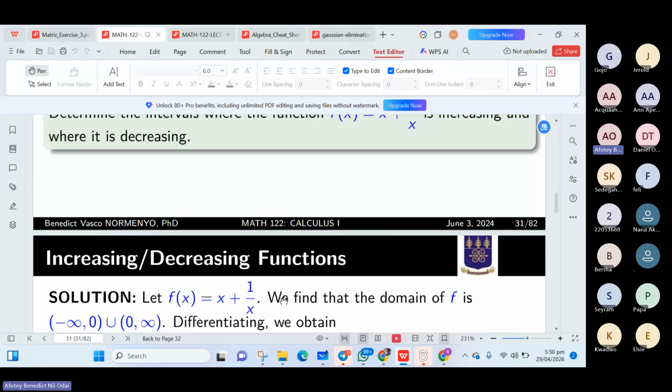Increasing and decreasing functions, page 184, Session 4B. The function is said to be increasing.